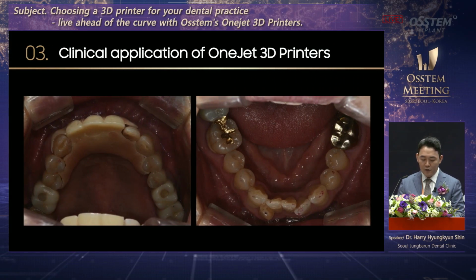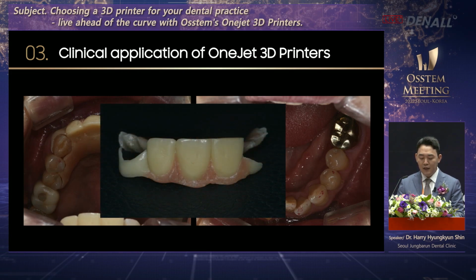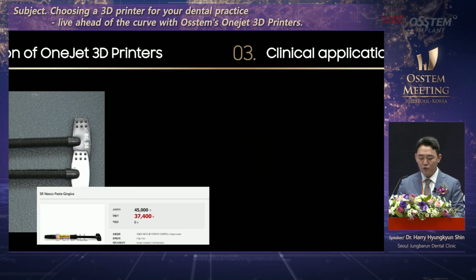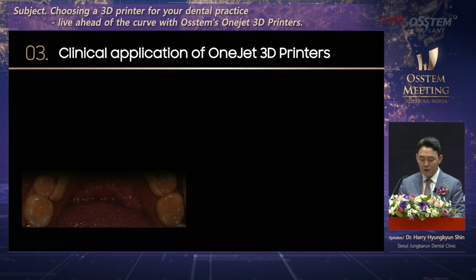So the topics are covered in the OIC lecture. You can refer to that. This is for anteriors or a couple of premolar cases where occlusal force is not heavy. These are all available from Dental. This is the resin for gingiva.